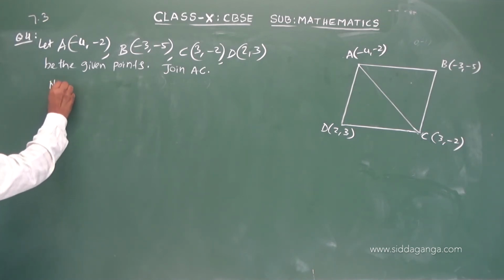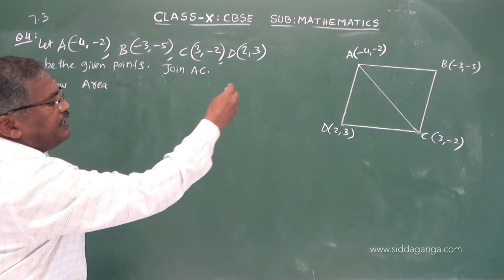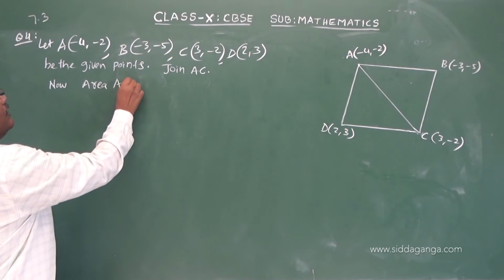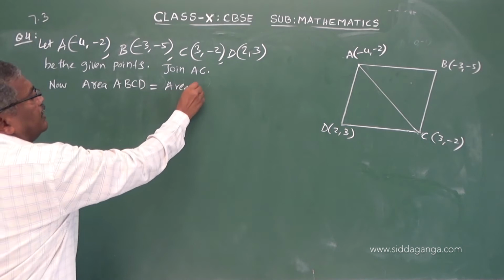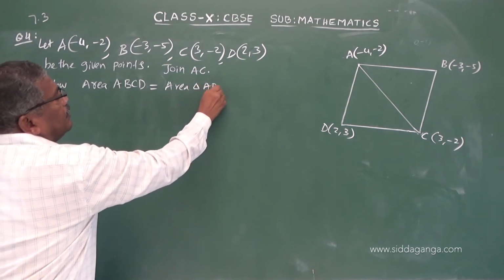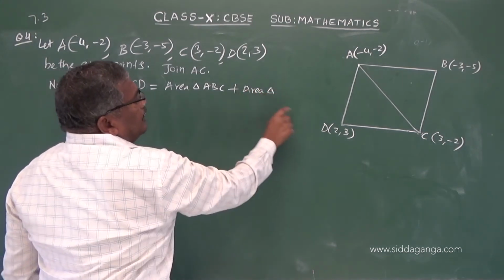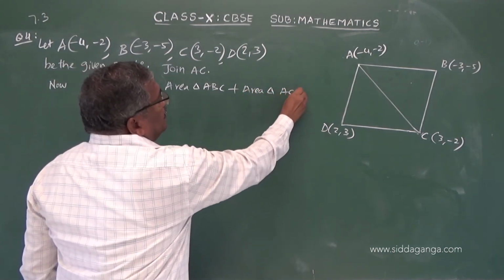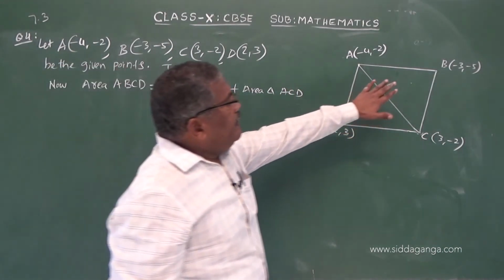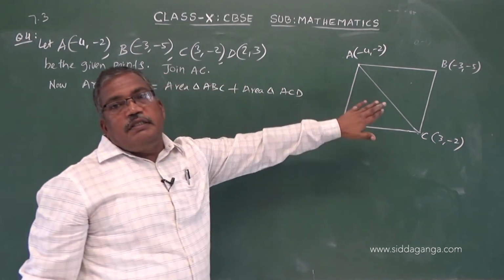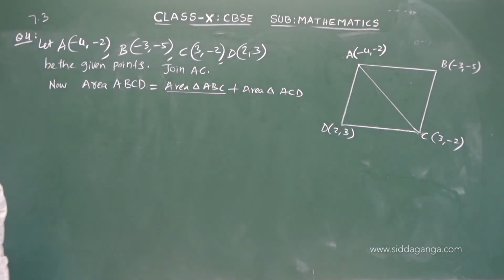Now area ABCD will be equal to area of triangle ABC plus area of triangle ACD. So now we are almost through. Now we have to find the area of this and add the two. So now first I will take up the area of ABC.